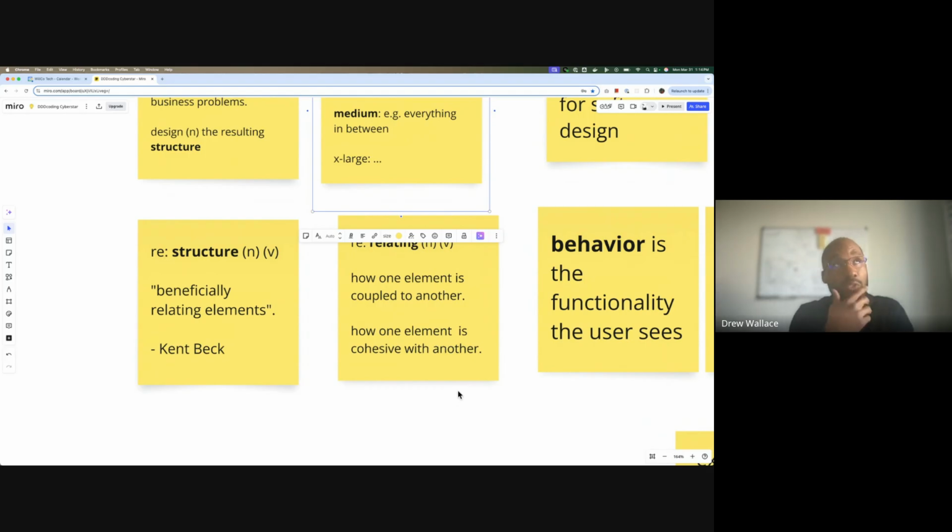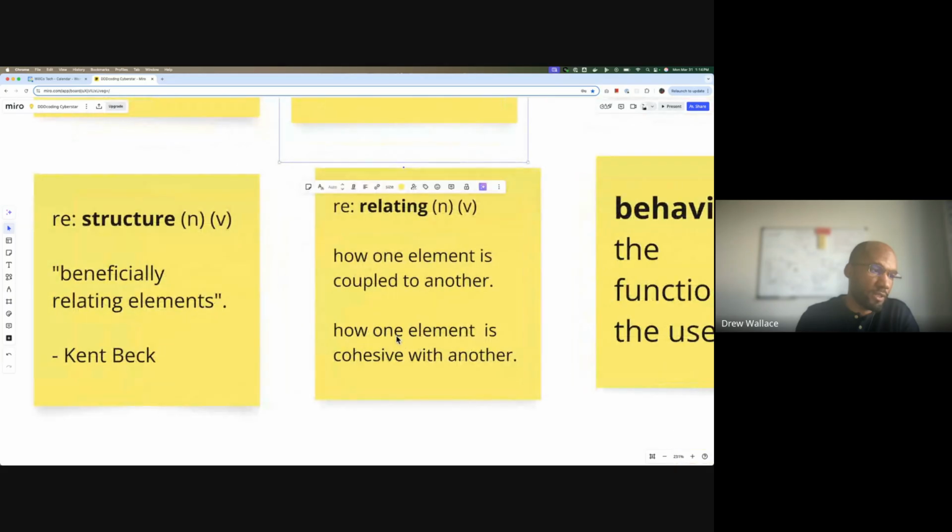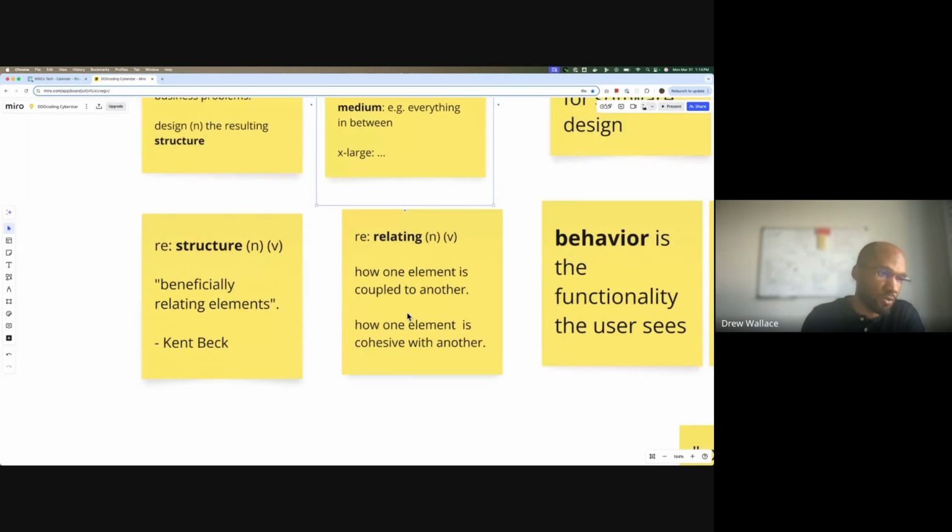Think of Cyberstar Foundation, and then think of Cyberstar Talent. How is one element within Talent cohesive with another element within Talent? Or is it coupled to another element in Foundation? We'll get into that as we talk through some of these.